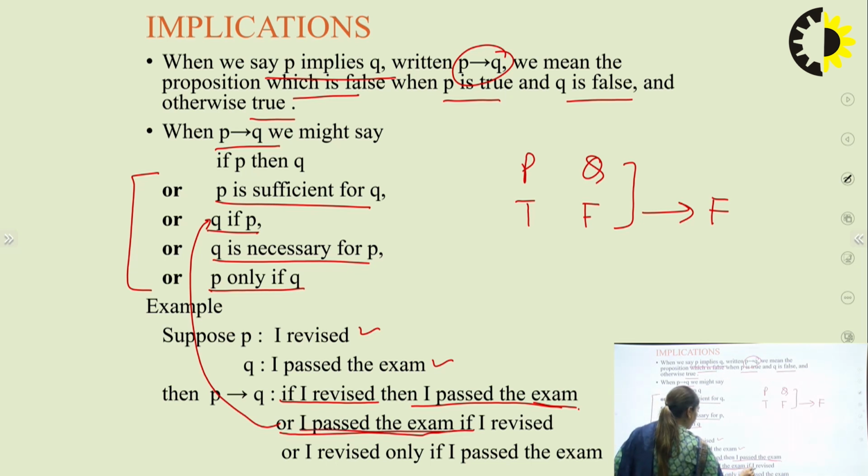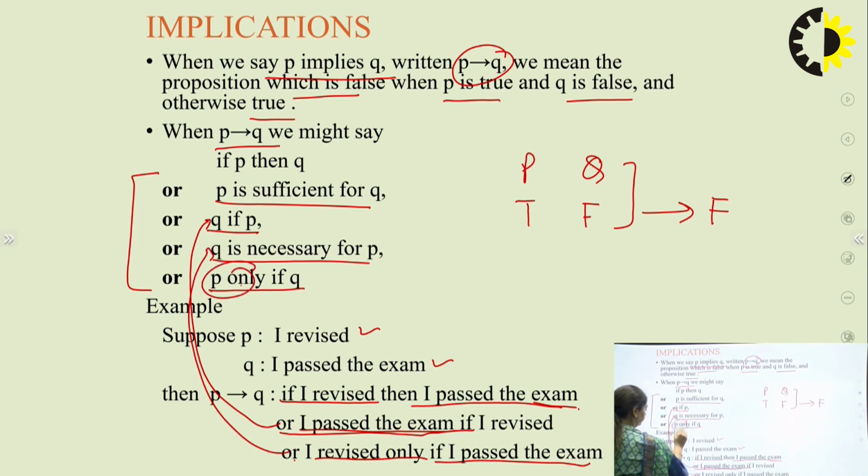I pass the exam if I revised. Or I revised only if I pass the exam, right? That means this one. EQ is this one, sorry. If I revised only if I passed the exam.